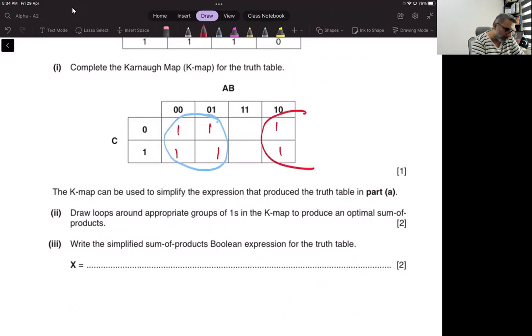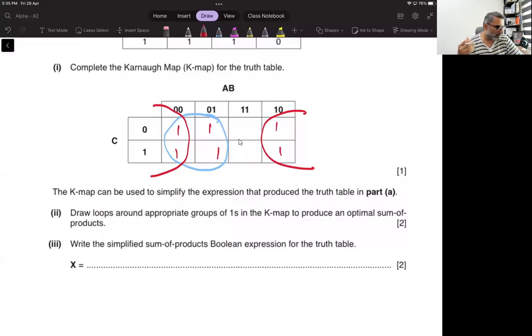This will be a group of 4 again. If these ones are at the side, you may call it a 3D plane. So if these ones are on the side, it means that they are connected.